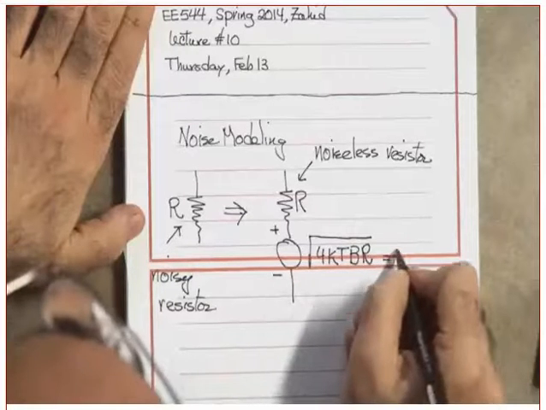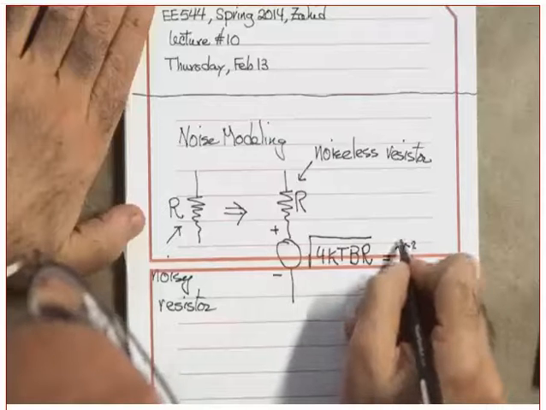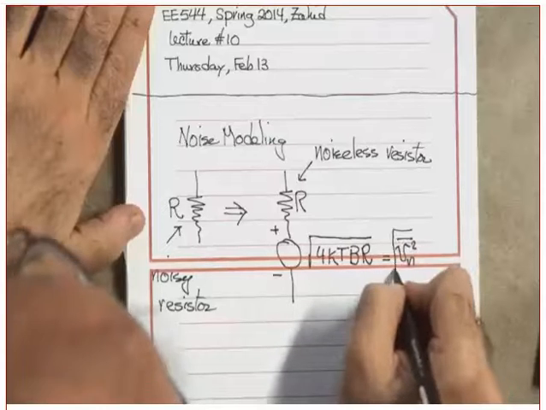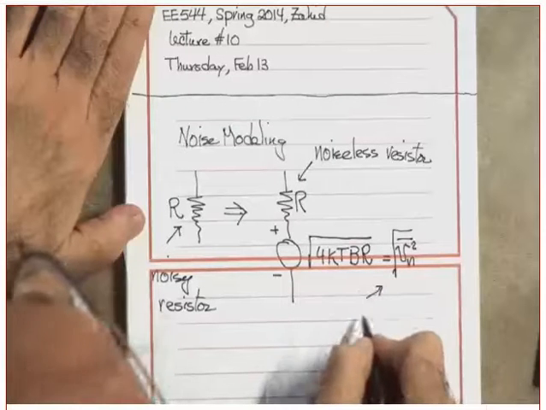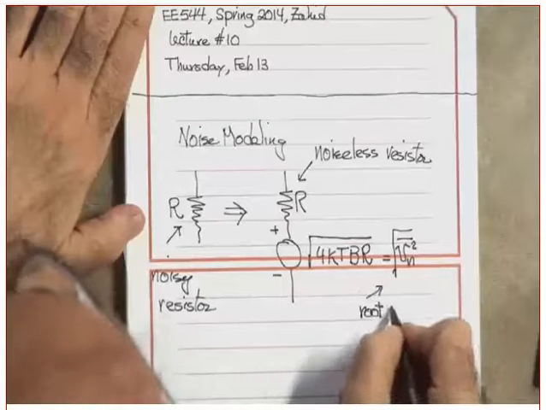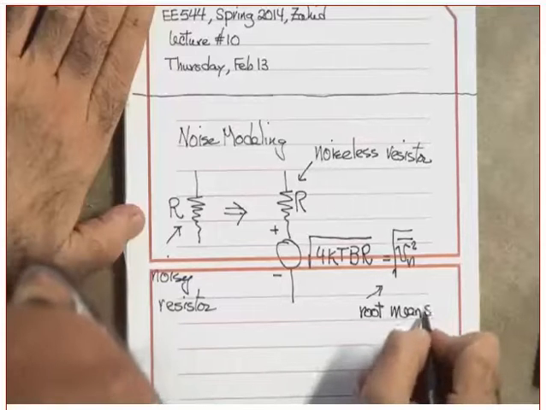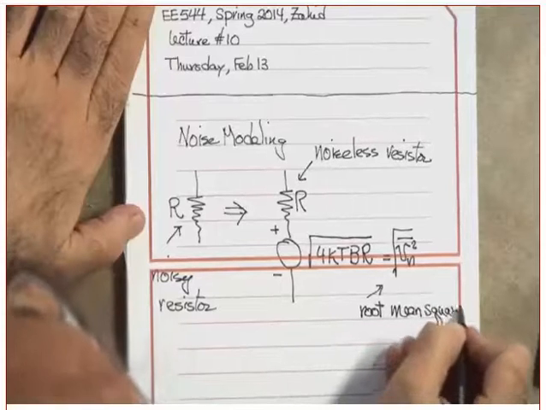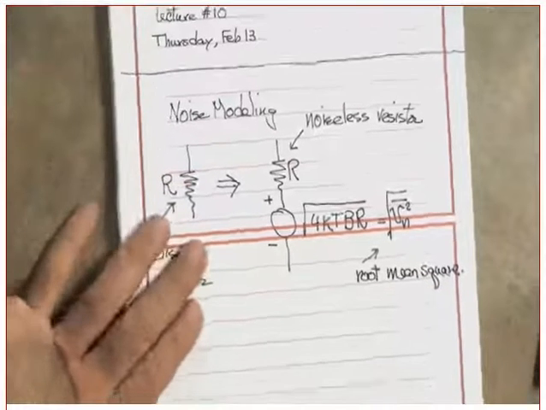This is what we refer to as Vn, the root mean square voltage, the noise voltage.